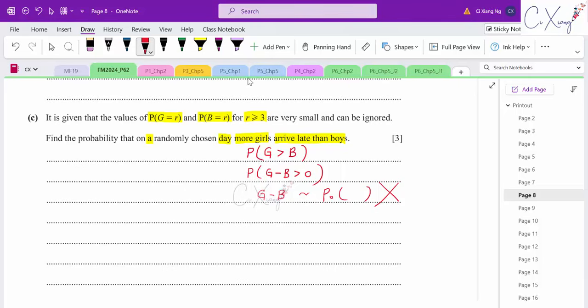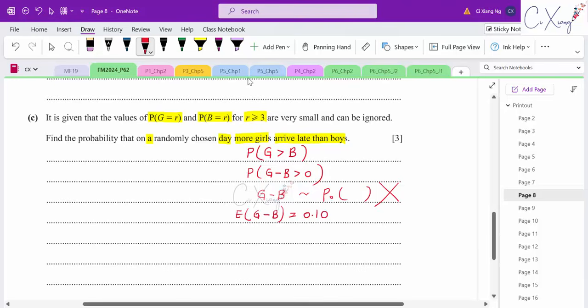So what's the reason that I cannot use G minus B and let it become Poisson distributed? It is because if you try to find the mean for G minus B, you have E[G], which is 0.10, minus E[B], which is 0.15. So you get negative 0.05.